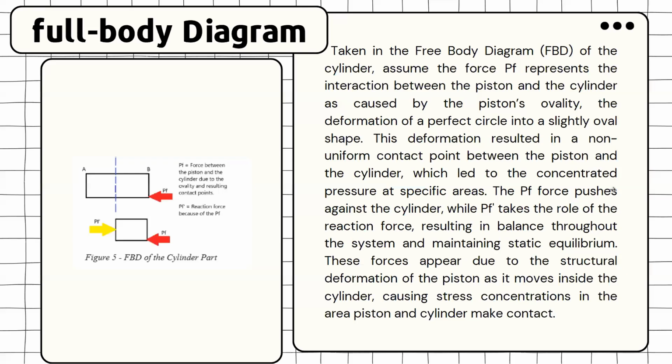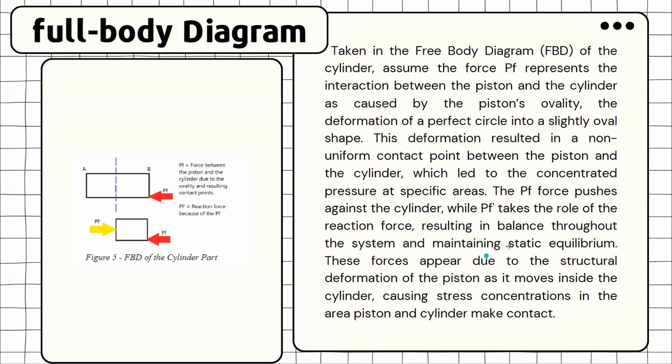Next, for the cylinder part, we know that the piston gives force to the cylinder part, causing it to experience ovality. The piston ovality, or deformation from a perfect circle to an oval shape, creates uneven contact with the cylinder, resulting in concentrated pressure at specific points.